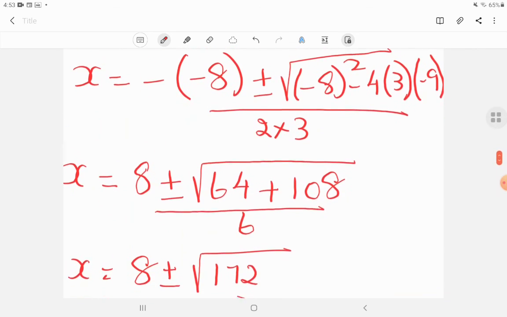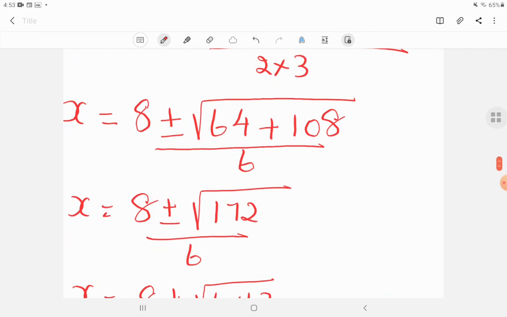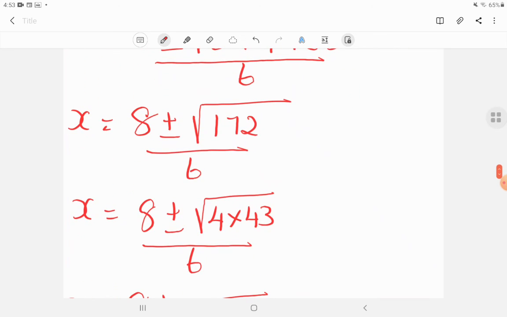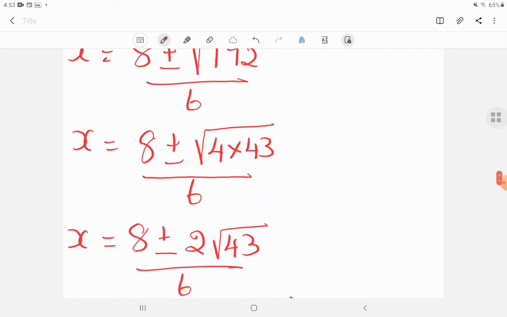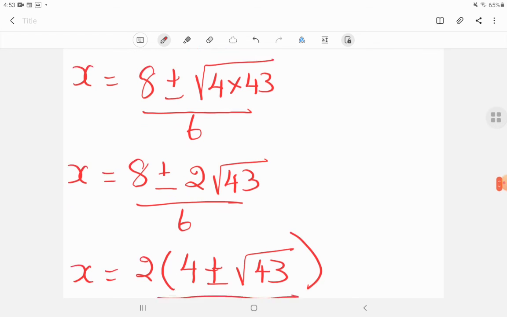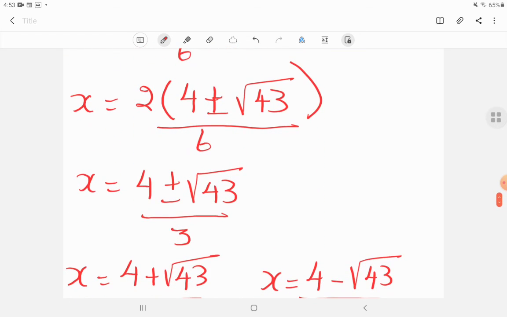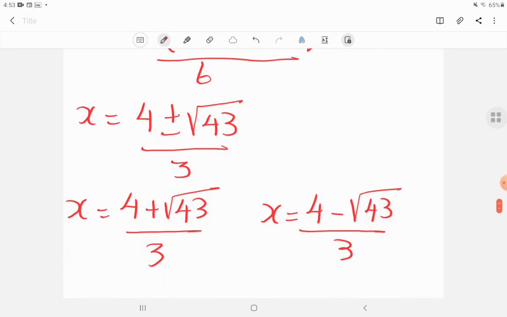We get the square root of 172, and because it is not a perfect square, you can simplify it further by writing it as 4 times 43 and taking the square root of 4 as 2. Then you can take 2 as the common factor and simplify further. So we have the two values of x: 4 plus the square root of 43 over 3, and x is equal to 4 minus the square root of 43 over 3.